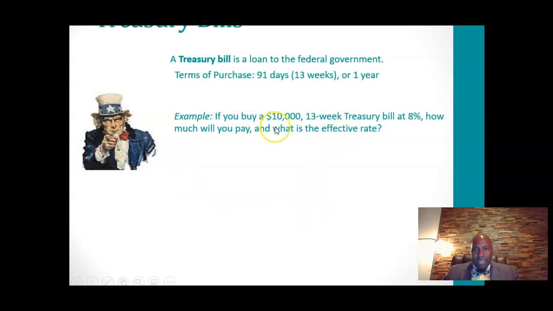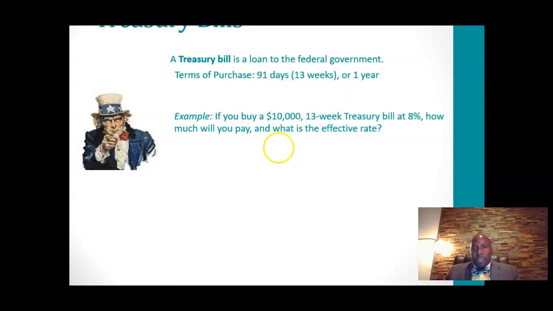So if you buy a $10,000 Treasury bill, 13 week, at 8%, how much will you pay and what is the effective rate? Now, when you're buying the Treasury bill, this 8% is known as a discount rate, meaning that you're not going to pay the full $10,000 for this Treasury bill.